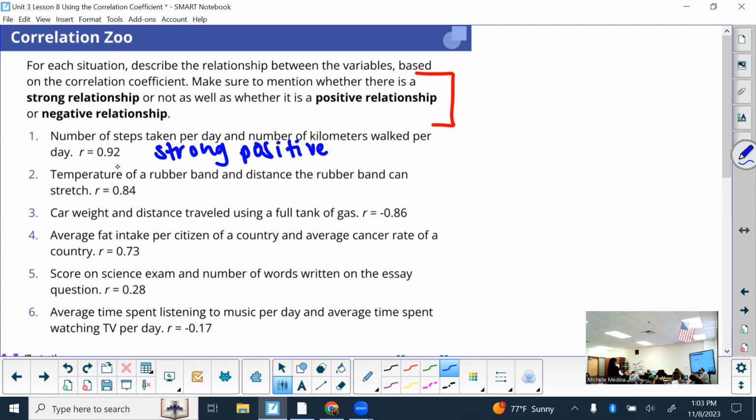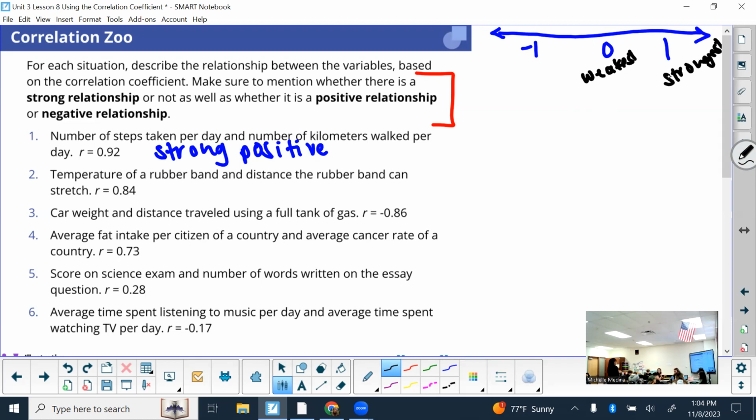Okay, good. It's pretty close to 1. And remember, our values go from -1 to +1, so pretend like this is a number line. The closer that it is to 0, the weaker that it is. Weakest at the 0, but strongest at the +1 or the -1.